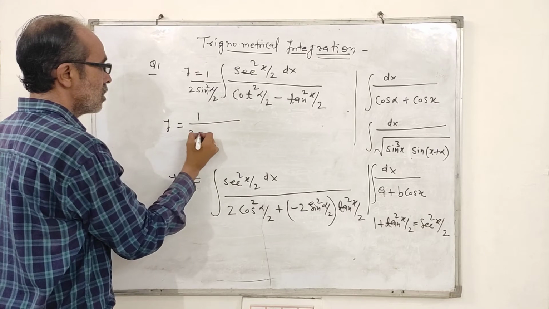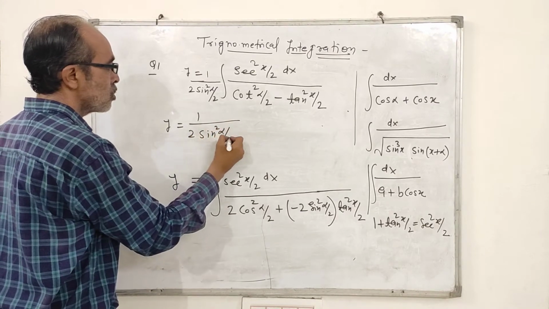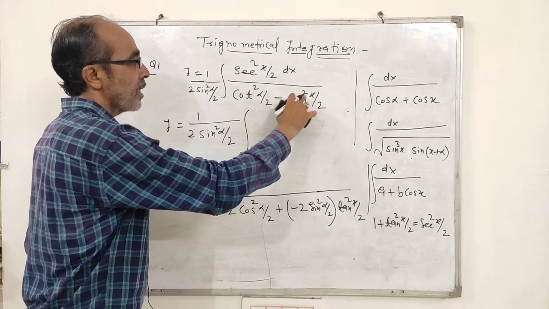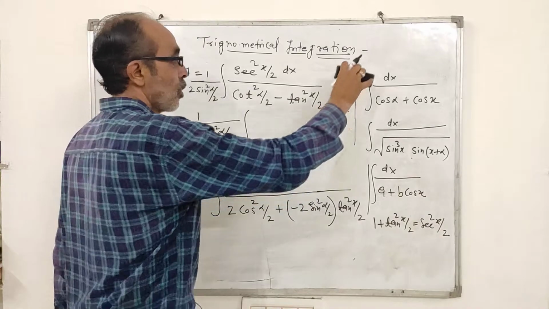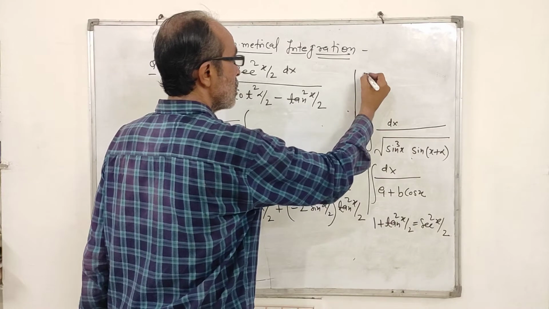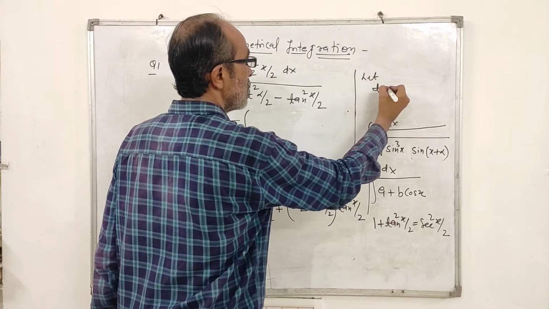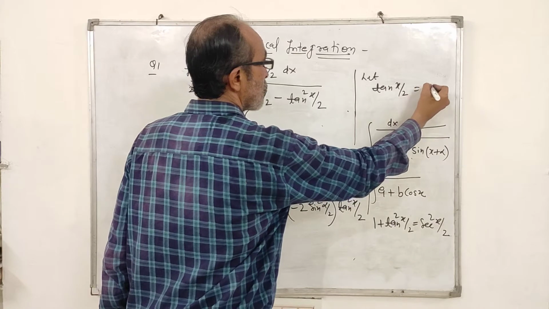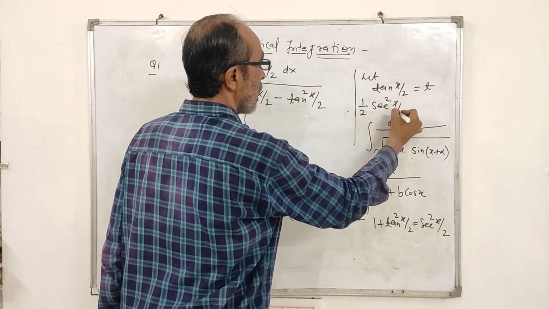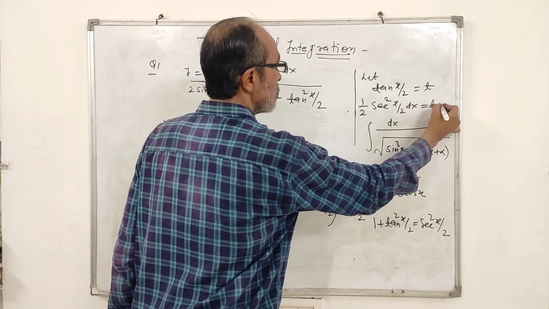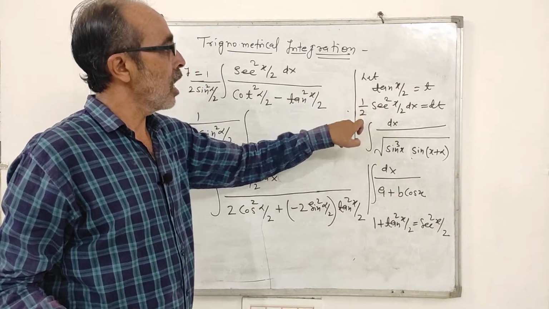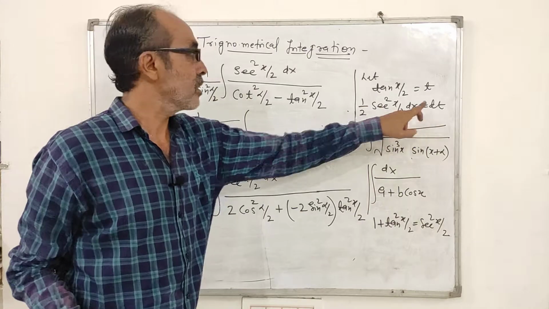So the integral I is equal to 1 upon 2 sin square alpha by 2, and here we let tan x by 2 be the variable t. So I write tan x by 2 is t, and after differentiating, half of sec square x by 2 dx is equal to dt.